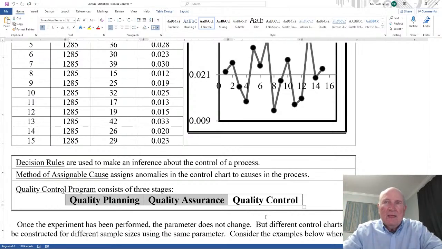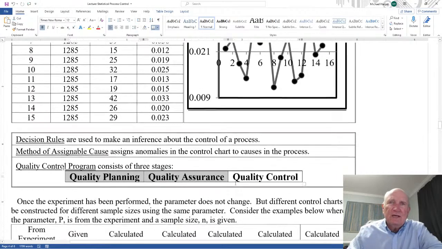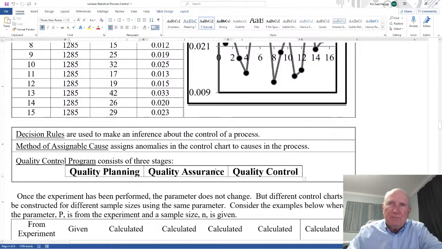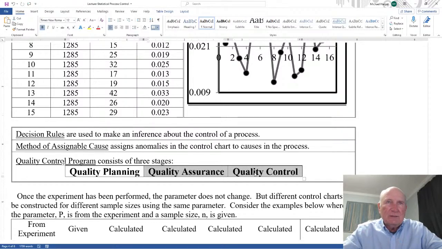So these three things, and as I say in the video, some people put these together. They call this QA/QC, QA for quality assurance, QC for quality control. Some people say QA. Some people say QC. Some people just say quality.